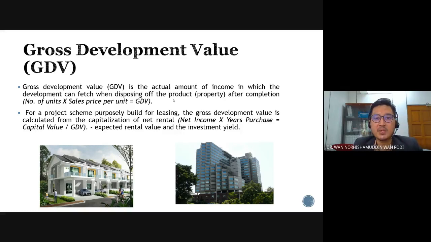So you should remember we could calculate it based on sales price, and we can also get the GDV from the leasing of property or the rental.